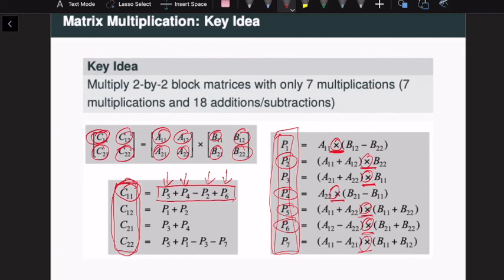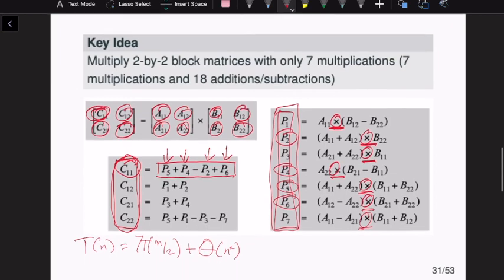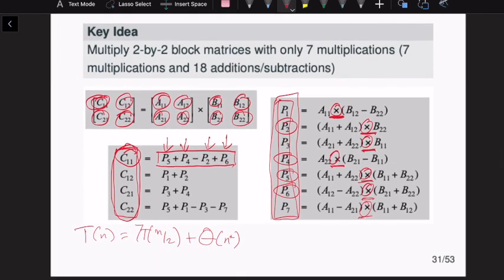So now our runtime, T of n, is going to be only 7 multiplications, each one of size n over 2, and then still having to combine all the entries. We have to add each one of those n squared elements. And now we're going to see that this has a better solution.